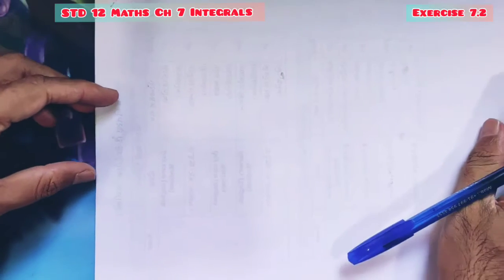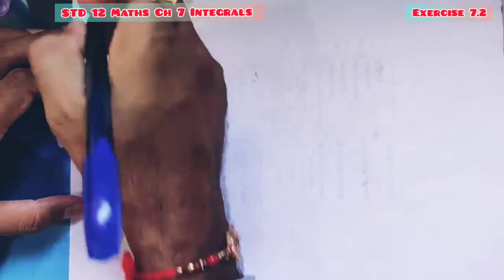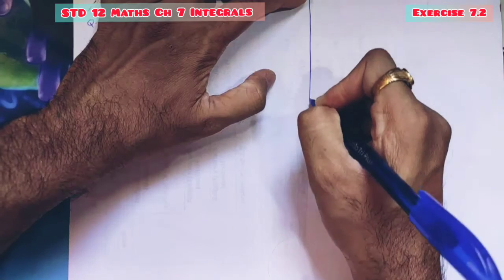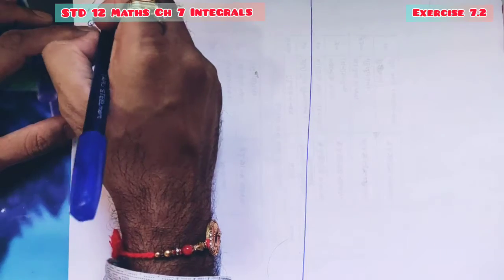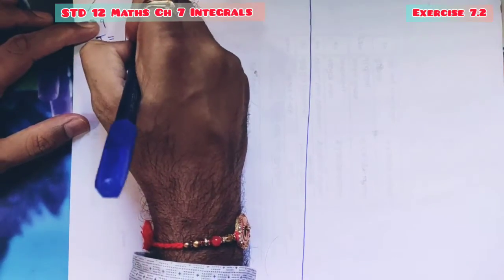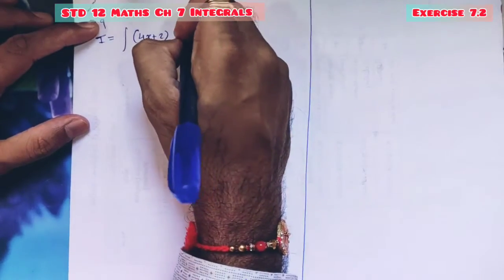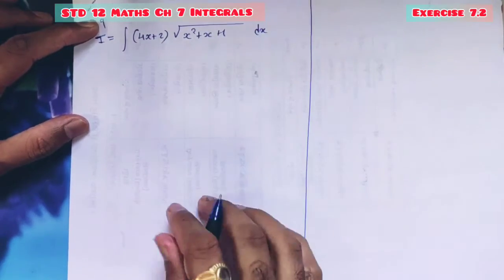Now question number 9. Here integration I equal to the integration of 4x plus 2 into square root of x square plus x plus 1 dx is there.